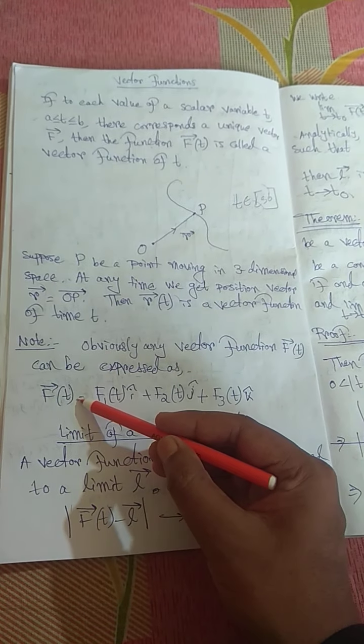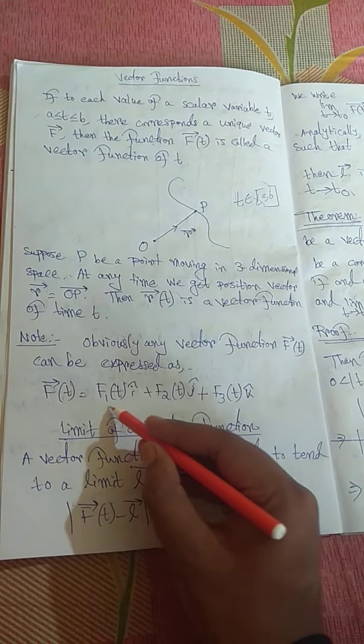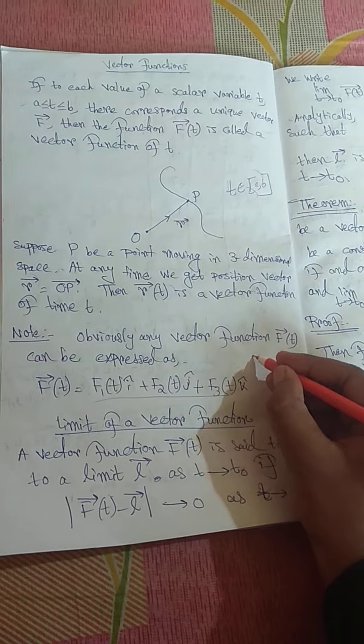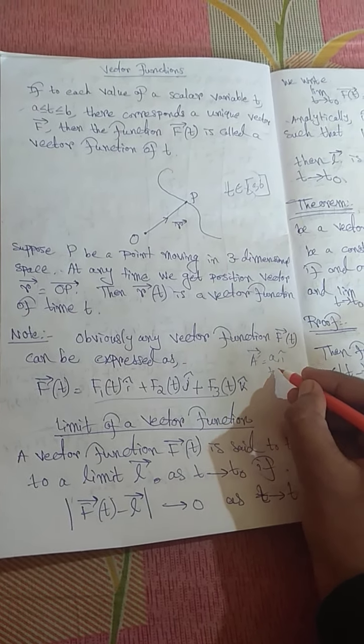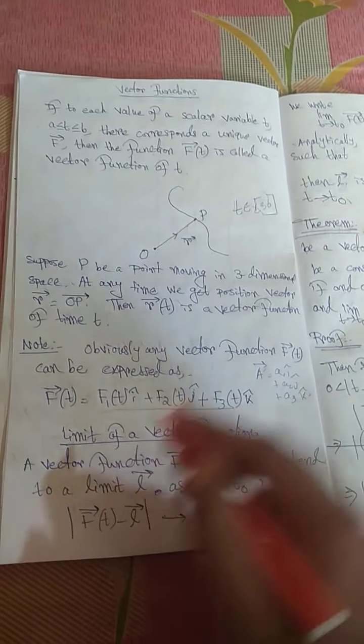Analogously, you can express a vector function f(t) component-wise. Like we know, a vector in three dimensions can be written as a1 i cap plus a2 j cap plus a3 k cap.